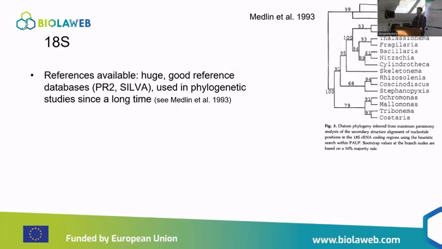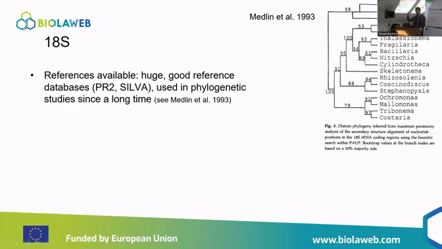Let's have a look at 18S. So you know what 18S is now. The good point is that references are available. There is a huge and good reference database. I told you that there were PR2 and Silva, and the first phylogenetic studies were carried out by Linda Medlin in '93.